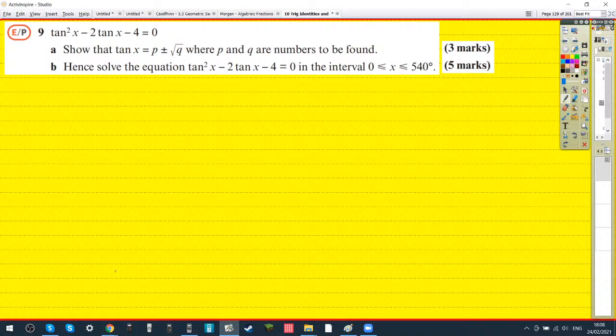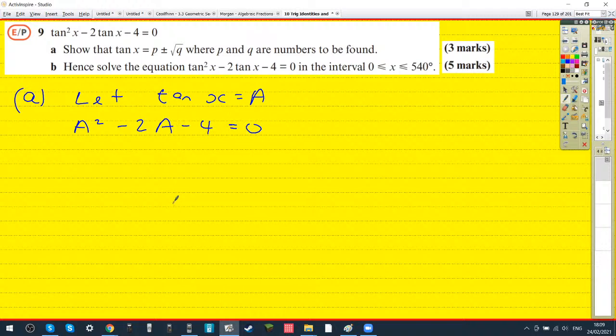Okay. Right, let's do part A. So tan x equals A. So A squared minus 2A minus 4 equals 0.